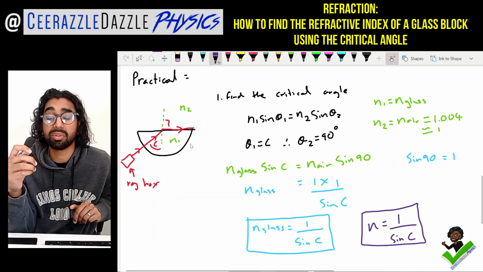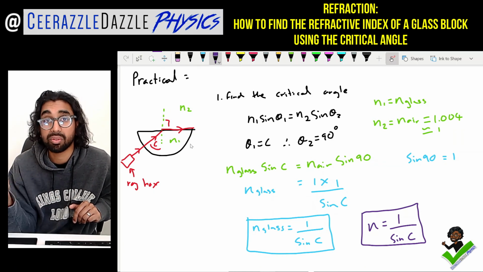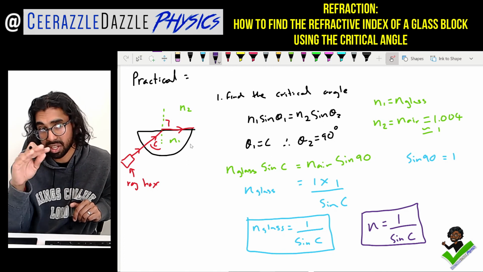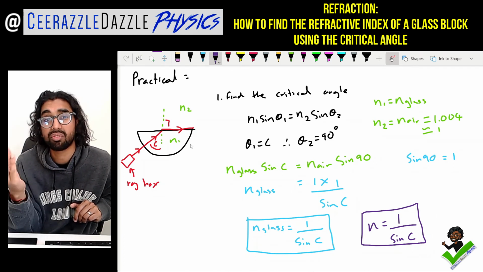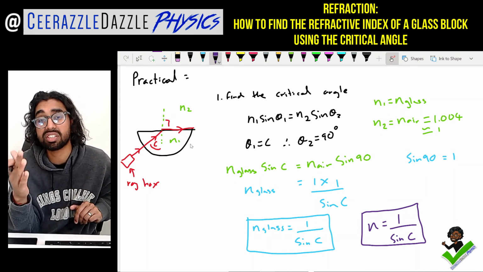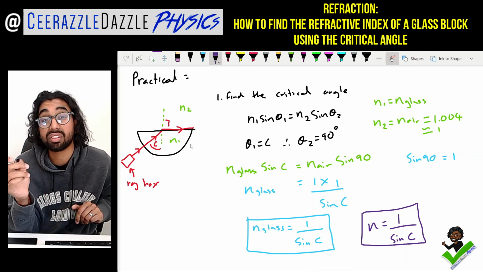Then experimentally, we said, how would you work out the refractive index of the glass? Well, very simple. You can find the critical angle, the angle C, with a ray box. You just simply see when the ray of light goes along the boundary, record that value of C, then look at your formula for Snell's law. N1 sine theta 1 is equal to N2 sine theta 2. The refractive index of the first material, we're going to denote as n glass. The refractive index of the second material is the refractive index of air, which we're going to approximately equal to 1.